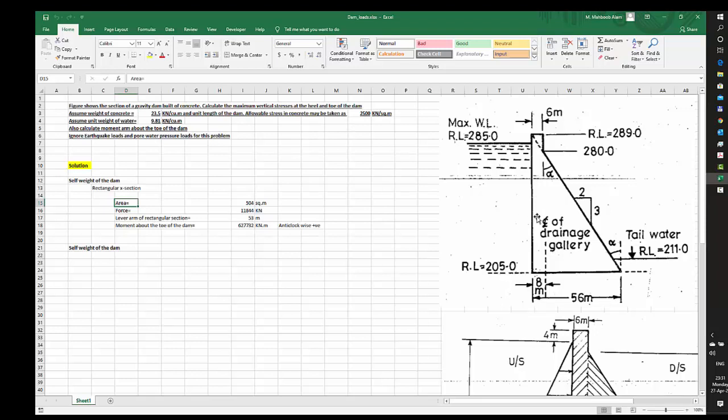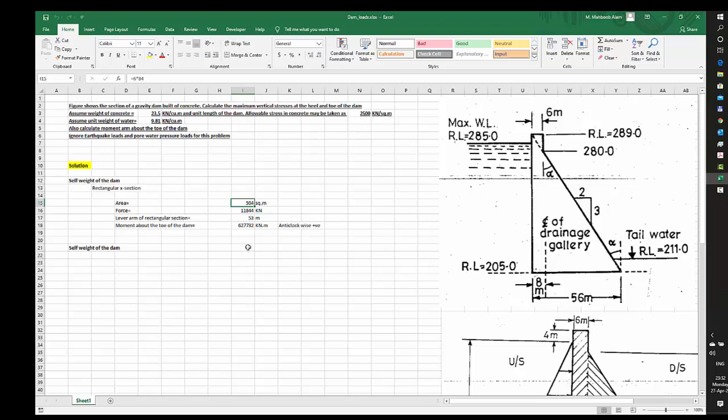So the height of this rectangular section is 84. 6 meter is the width of it, and I have to calculate it per unit meter of width. So the area would come up to be 6 multiplied by 84, and this would be equal to 504 square meters.